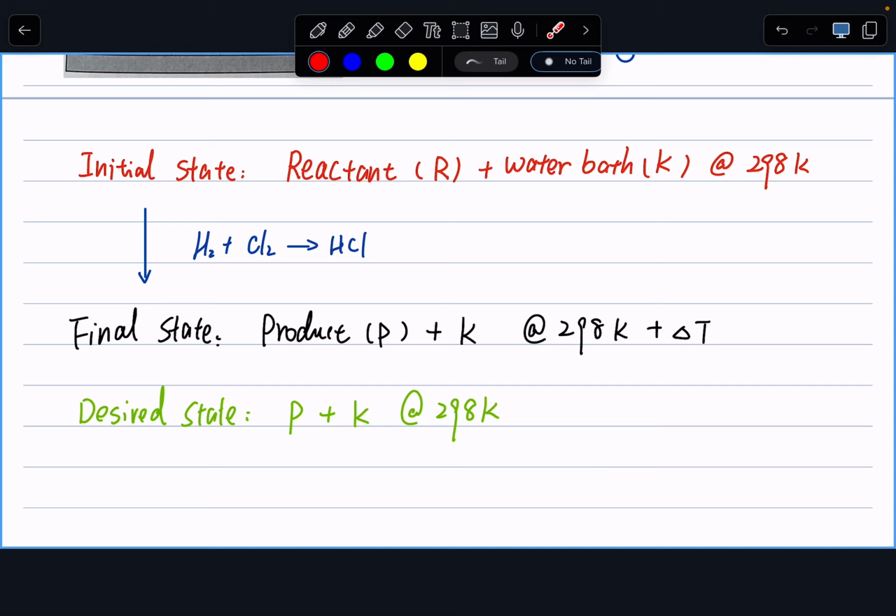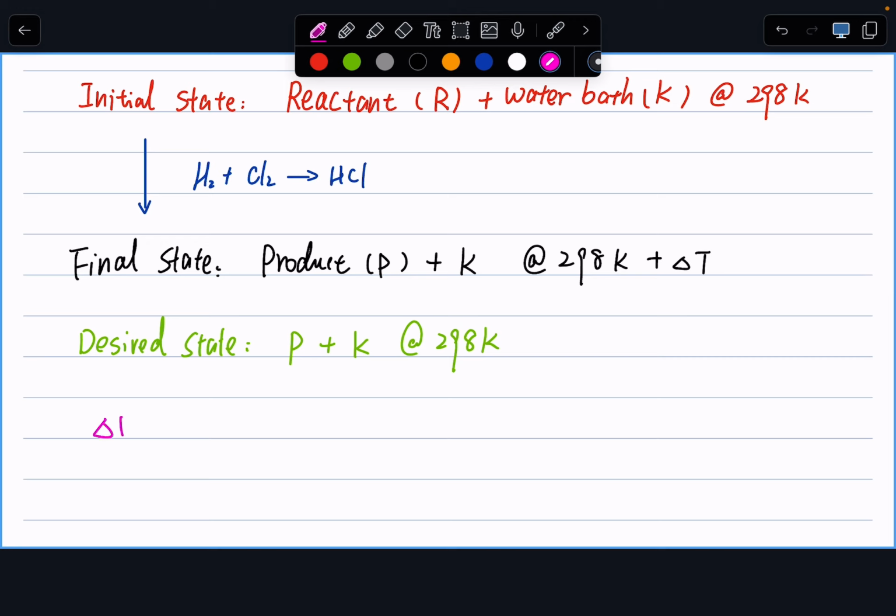So the delta U of the process then becomes quite straightforward, right? We have the delta U of this reaction at 298 Kelvin equal to negative of (K plus P) times delta T. Now this K plus P is the heat capacity of my entire bomb, or the calorimeter, including the water bath and the reaction chamber including my product, right?